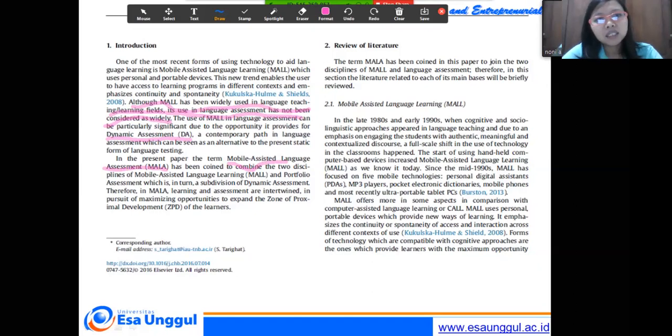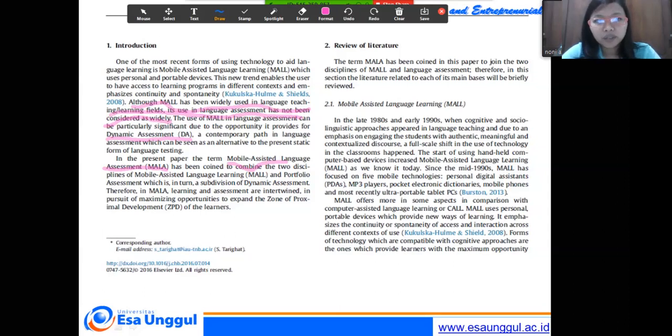Because mobile assisted language learning has not been used for assessment, this research fills that gap. So we can call this one also the novelty.